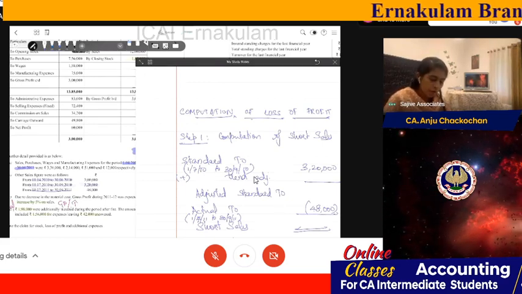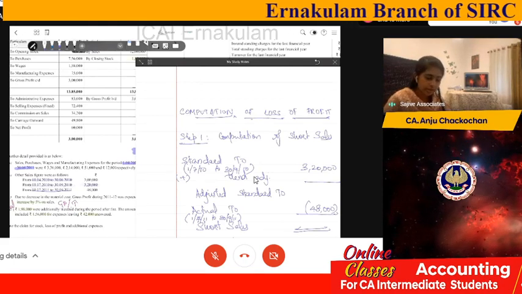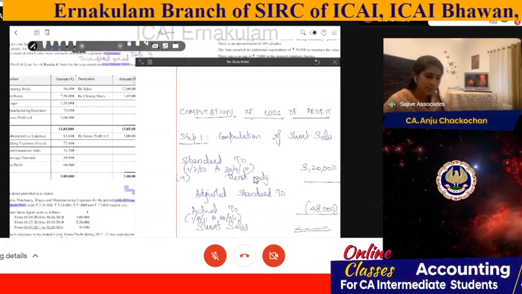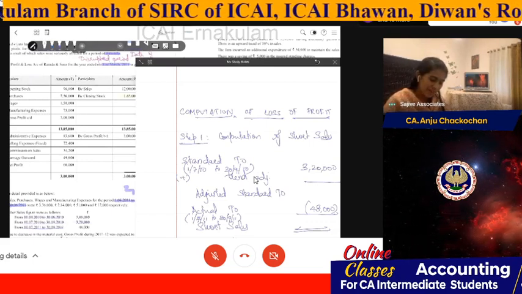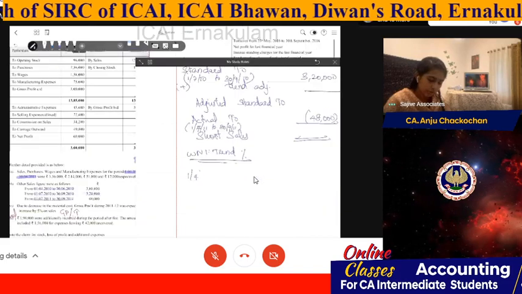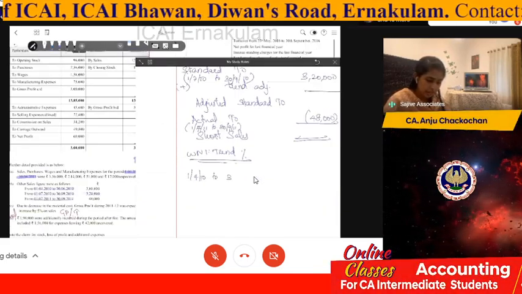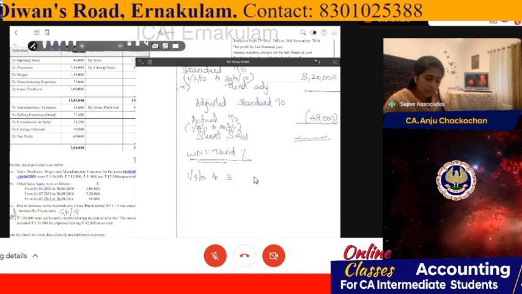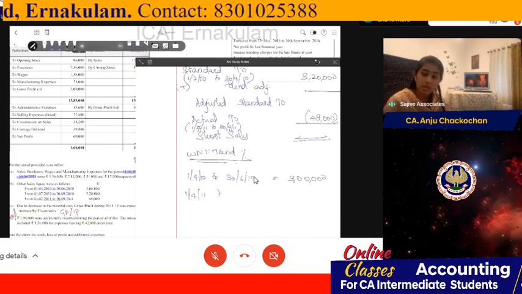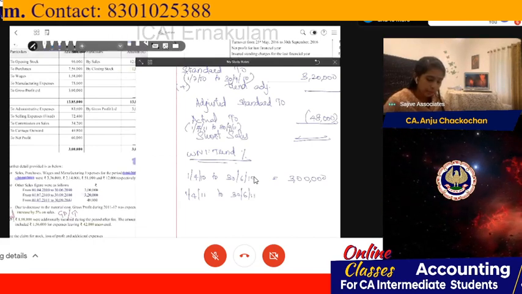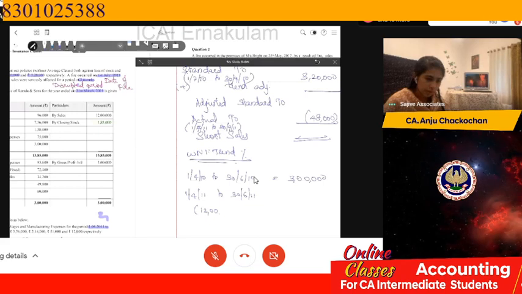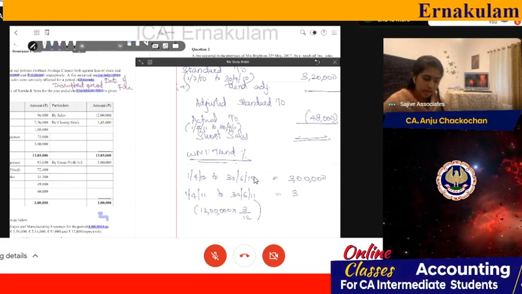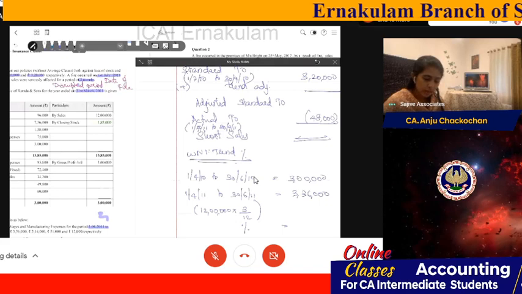The data for 1/4/2010 to 31/3/2011 is given to you as 3 lakh, and the turnover from 1/4/2011 to 31/3/2012 you can pull from the trading account, which is 12 lakh into 3 by 12, which happens to be 3 lakh 36,000, and hence the percentage will be 12 percentage.